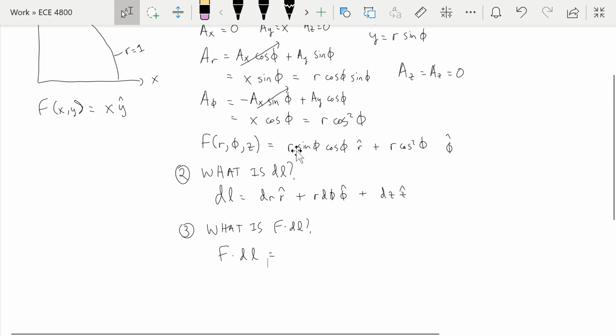We get r sine phi cosine of phi times dr. And then we add the phi term: r squared cosine squared of phi d phi.